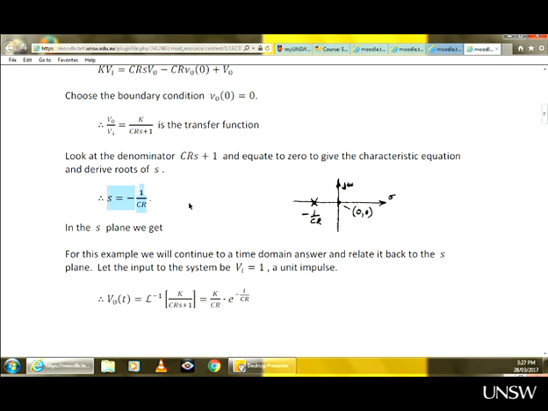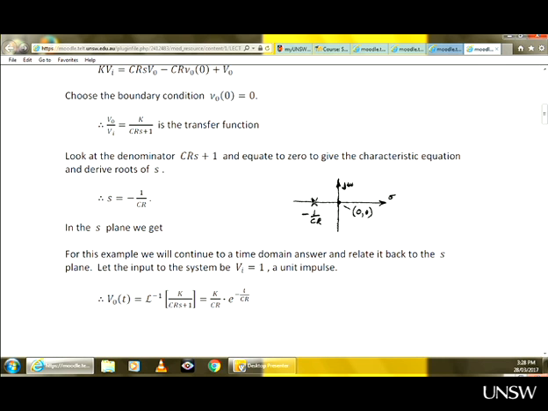S is a complex variable, remember that. But in this particular case, it is a real number. Complex numbers are expressed in a complex plane. So you have a real axis, and you have the imaginary axis. This particular number has the imaginary part equal to 0, and the real part is obviously a negative number, because both C and R are positive numbers.